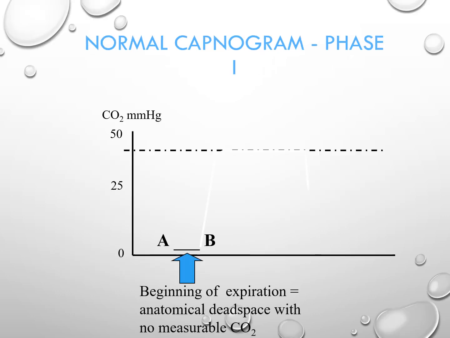Peeling away a few of the, if you will, layers in the onion here and looking at what actually constitutes this normal waveform and what the different phases are. For the first part, the line between A and B, there is essentially no end-tidal CO2, owing to the fact that it's either a pause in between breaths or the very beginning of the exhale process, but whatever's being exhaled is not participating in gas exchange.